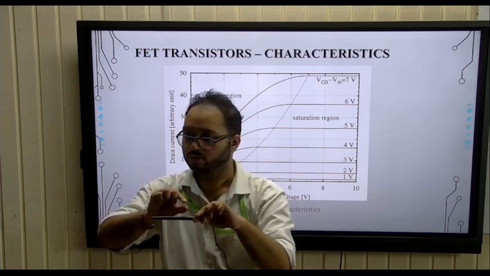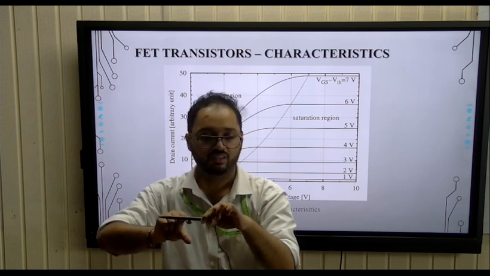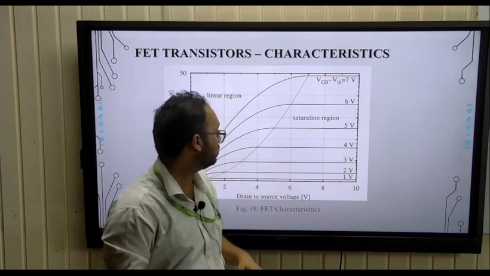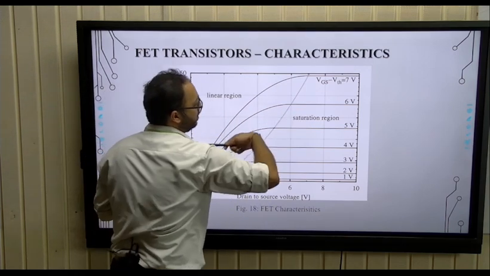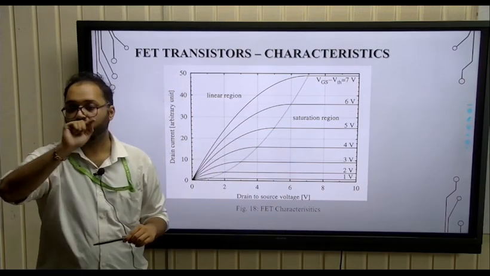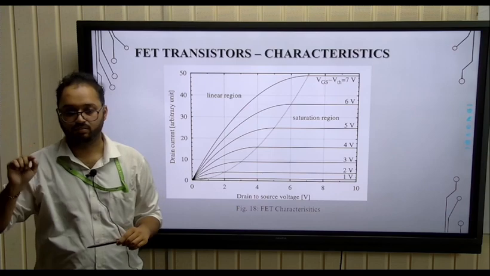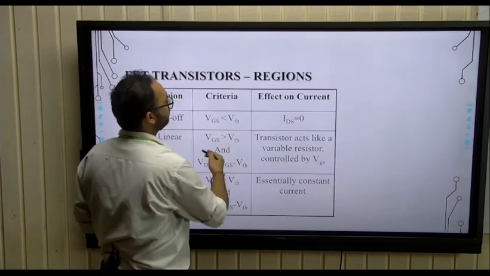Okay, so as I increase VGS, the thickness of this increases also, and this is where the linear region works, and that is why the saturation happens after the whole amount of current has started flowing. Okay, after a particular point, this cannot be increased.